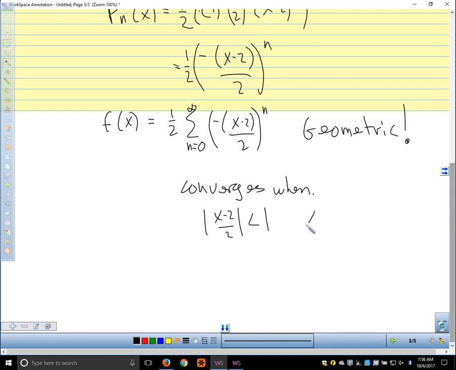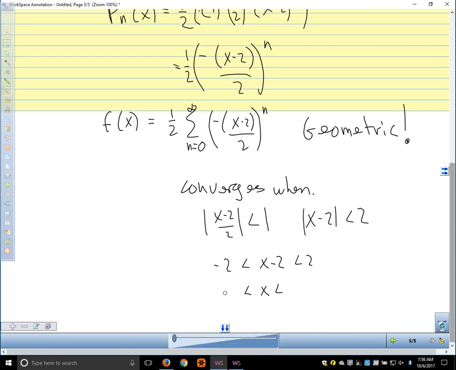So we have x minus 2 absolute value less than 2. So we have negative 2 less than x minus 2 less than 2. So we go from negative 4 less than x less than 0. The other way around. 0 less than x less than 4. There we go.